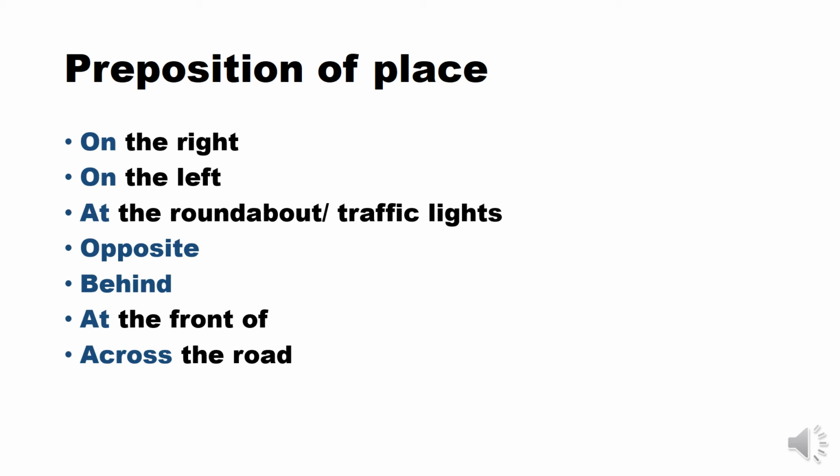For example, if we use in the right instead of on the right, it will change the meaning, and it will be very confusing for your listener or the reader to follow you. So these are called preposition of place in English.